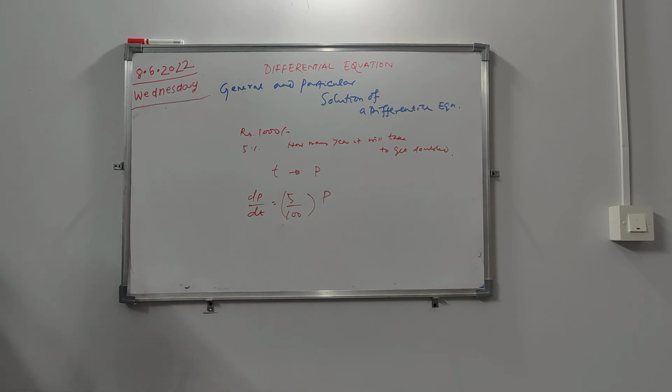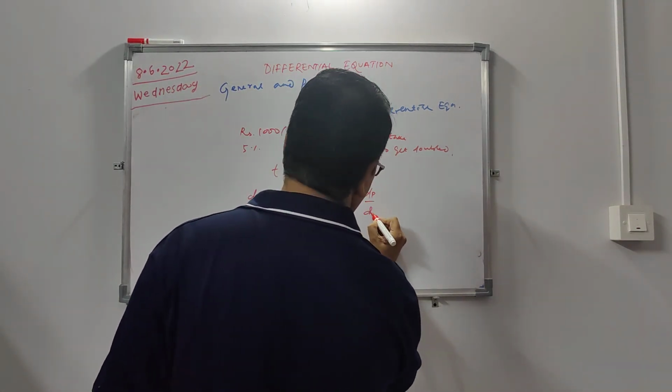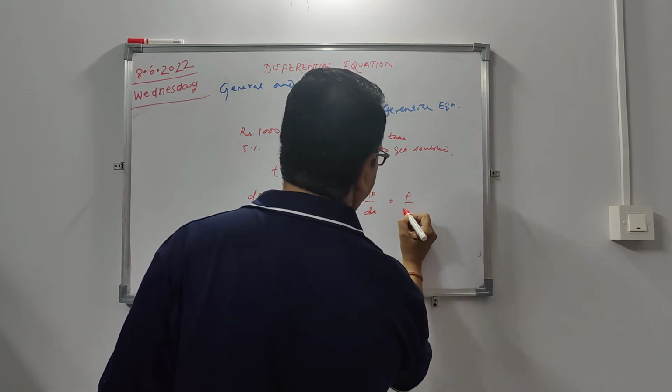With respect to time, how much your principal changes, that is dp by dt. That is your rate of interest. So this becomes dp by dt is equal to P by 20.